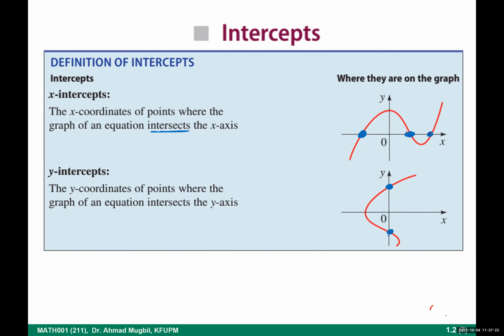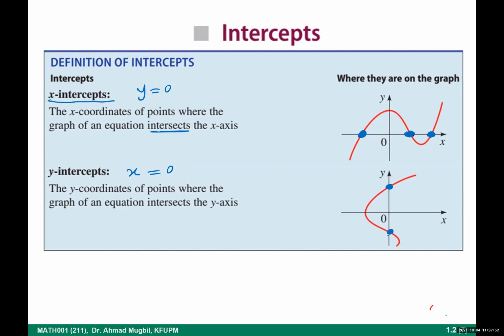Let's ask this: how to find the x-intercept? Set y equal to 0. And to find the y-intercept, set x equal to what? Why? Because all the points on the x-axis have what in common?